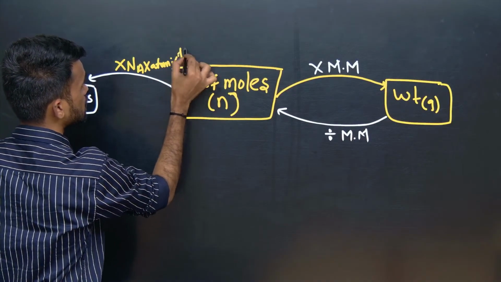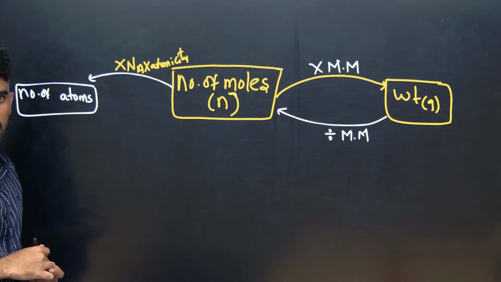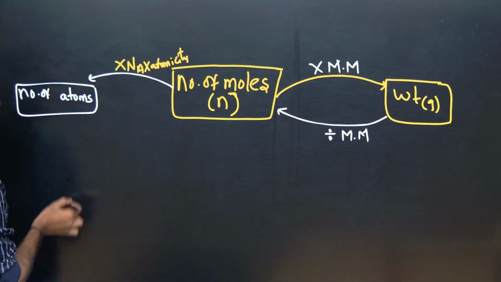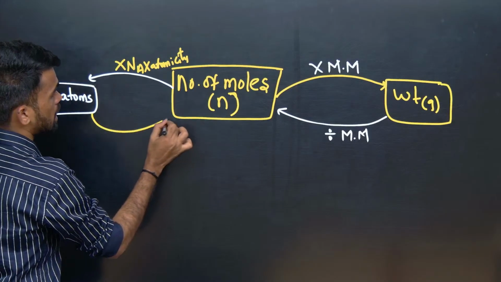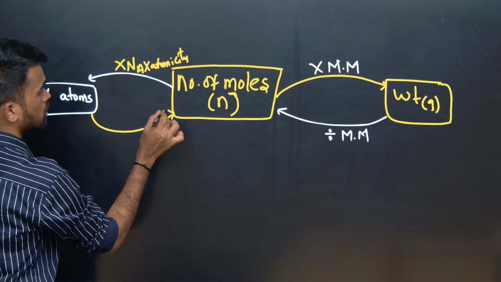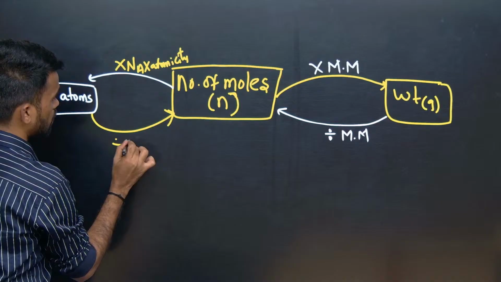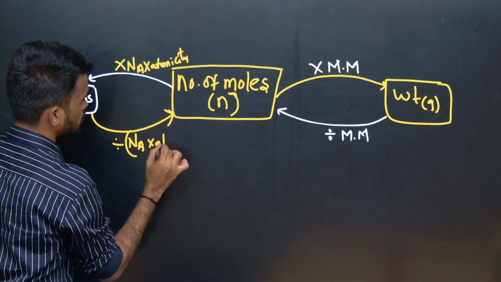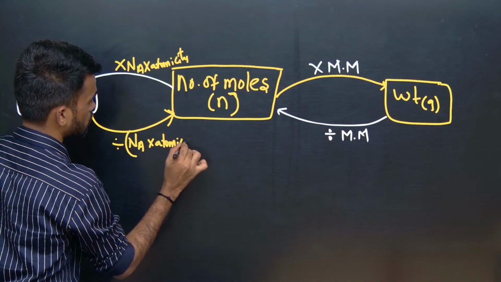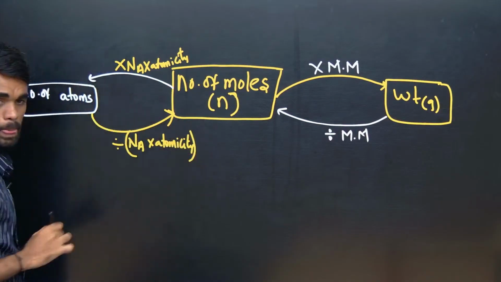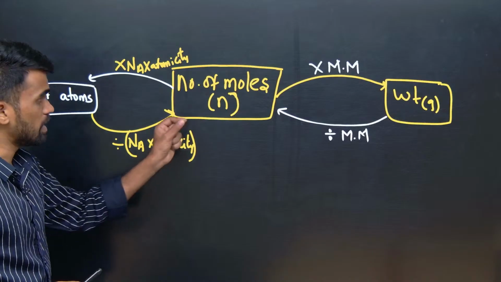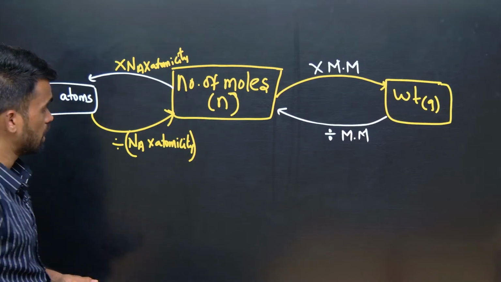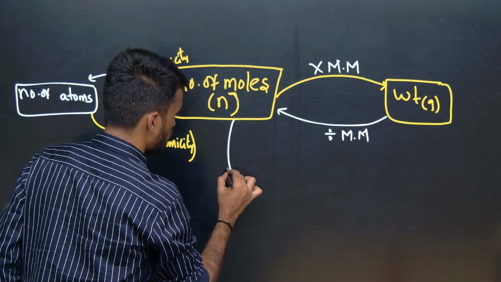Atomicity indicates the number of atoms in a given molecule. Now number of atoms is given and they are asking us to find number of moles: divide by Avogadro number and atomicity. Now number of moles is given and they are asking volume of gas at STP.